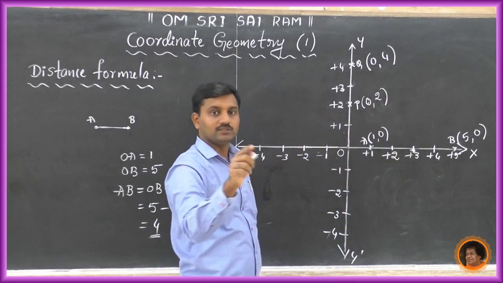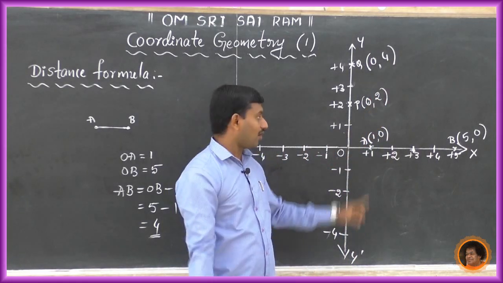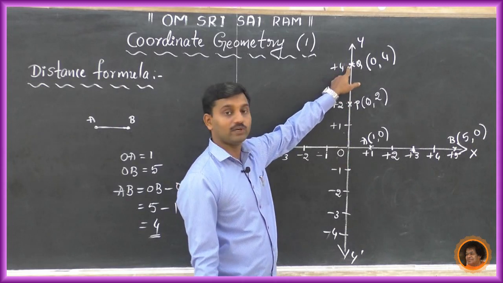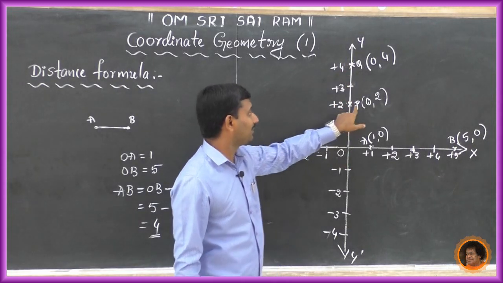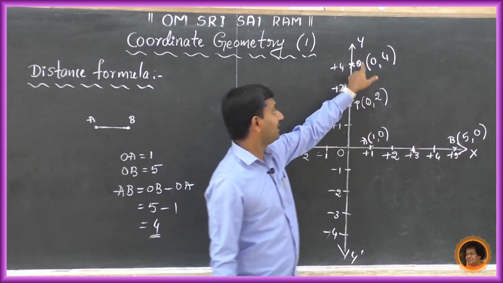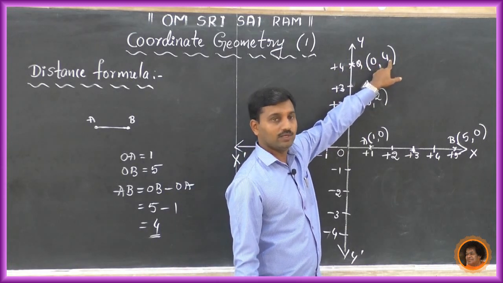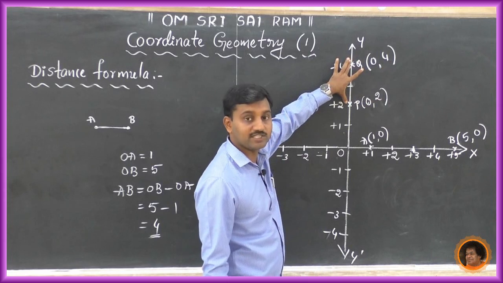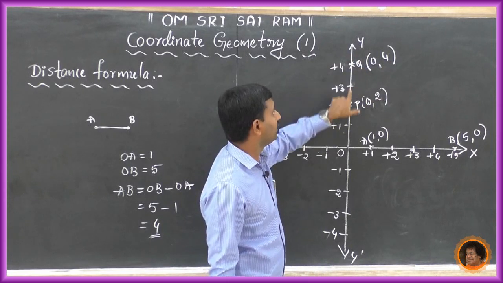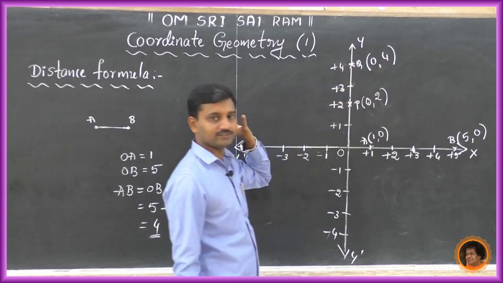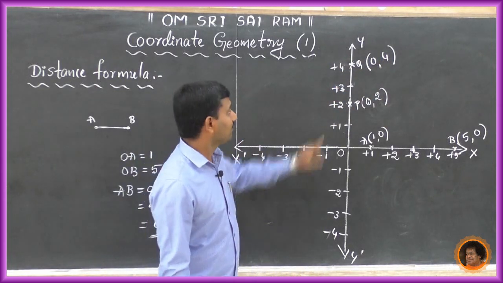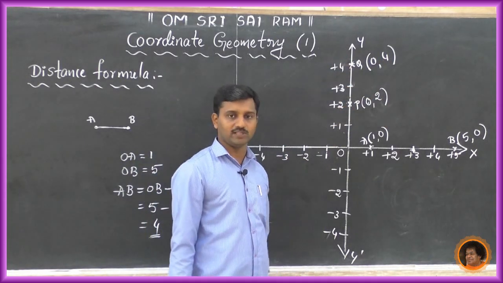Because the coordinates of any point on the y-axis are always in the form of 0, y. Now what is the distance between the two points P and Q? By counting the unit segment, 1, 2, or 4 minus 2, that is 2 units. So we can easily find the distance between any two points.